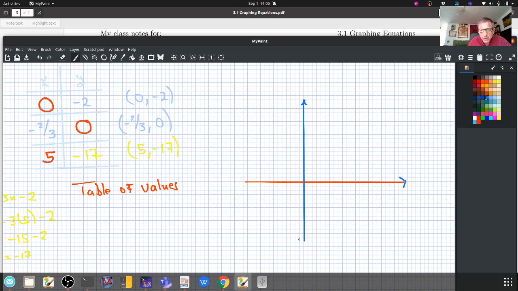So it's my x, that's my y. Let's plot 0 and minus 2. Remember, this is x comma y. So x is 0, so I go down minus 1, minus 2. So right there is that point, 0 minus 2. Now let's go 5 and minus 17.